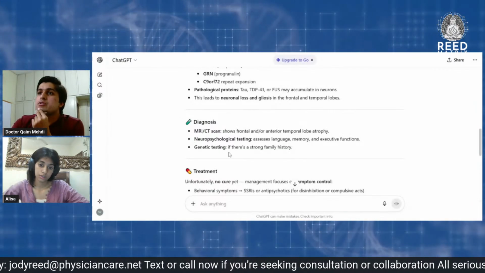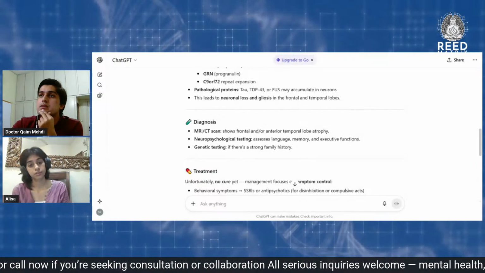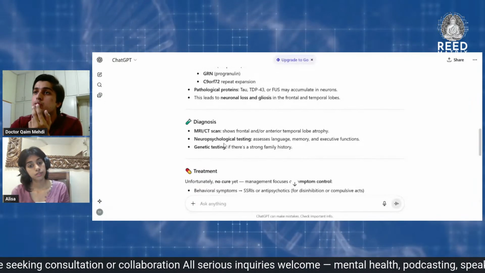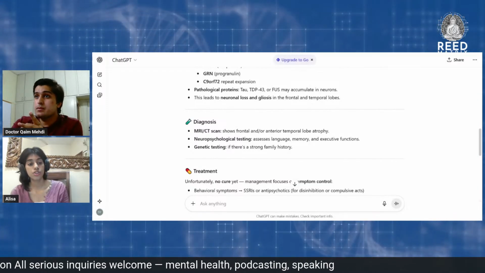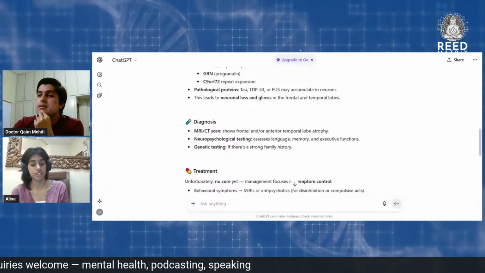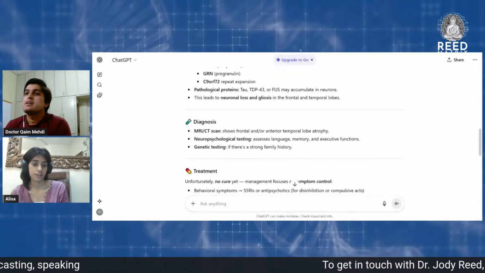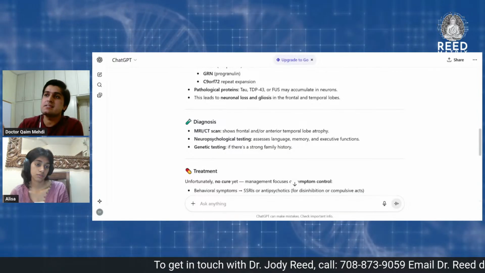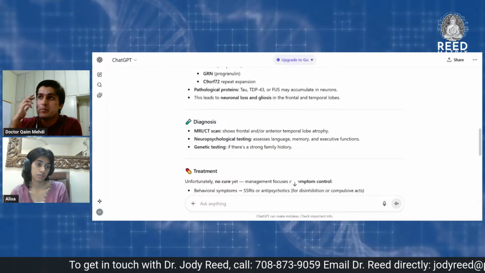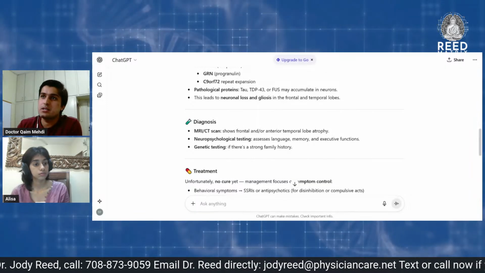So other ways of diagnosing this disease is that we can go through neuropsychological testing. So it's testing if you can speak well, your memory, all those functions. Yes, you will be told something, and then they will assess if you can comprehend it, if you can memorize it, if your cognitive abilities are intact or not.